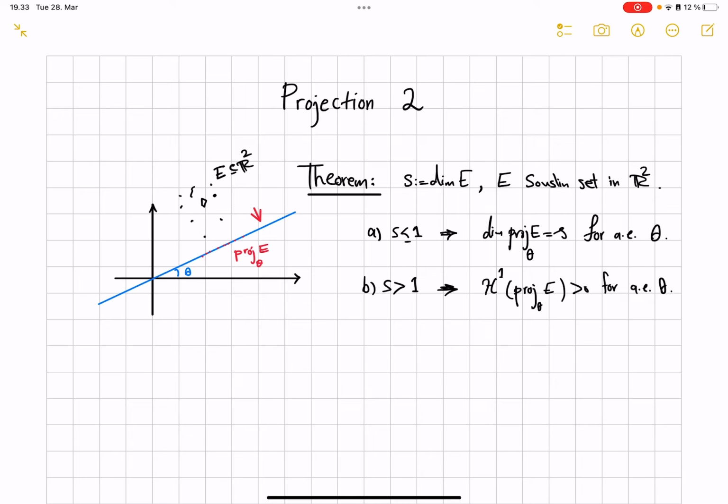It doesn't matter if the line is through the origin or not, because it's invariant under parallel translation. So you can assume all the lines are through the origin. So theta is, say, from 0 to pi along the semicircle. So when we say almost every theta, we mean with respect to the Lebesgue measure on this semicircle.